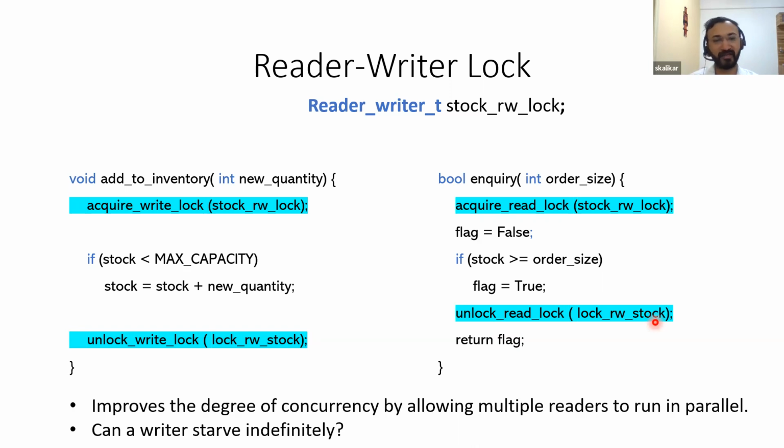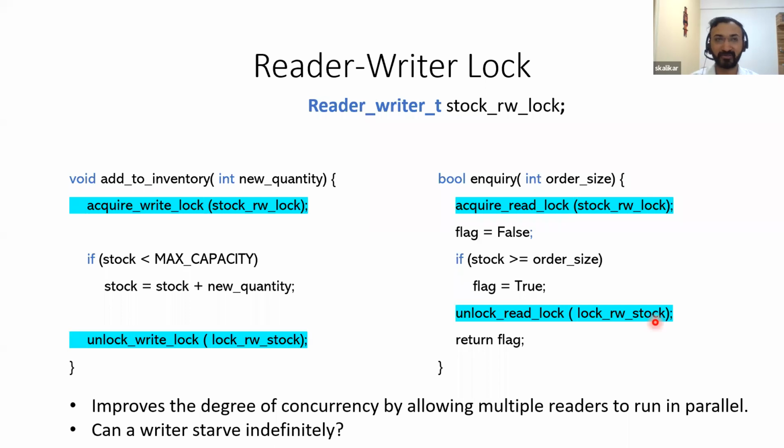Now in this way, you get a better degree of concurrency by allowing multiple readers to run in parallel. There is a small issue in this. Suppose there are 10 readers reading the data, so there are 10 inquiries happening in parallel. And now at a time T1, there is a writer who wants to write to the stock; that is, the add inventory function is getting called.